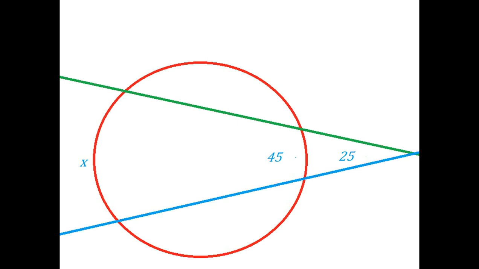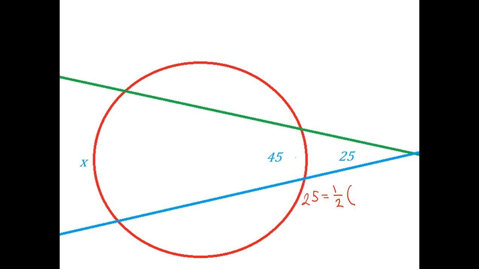Okay, so take a second, find this one. Again, 25 would end up being your number, so you'd end up with 25 equals 1/2 (x - 45).